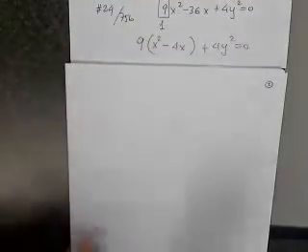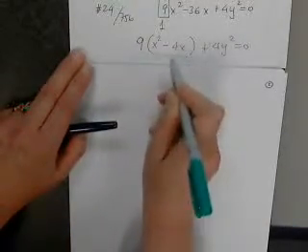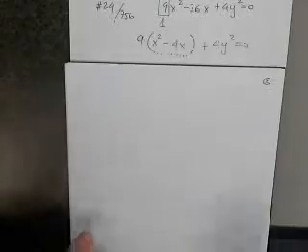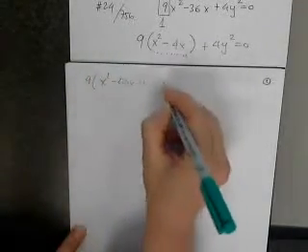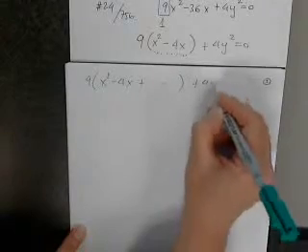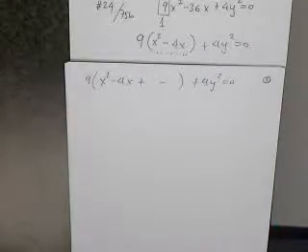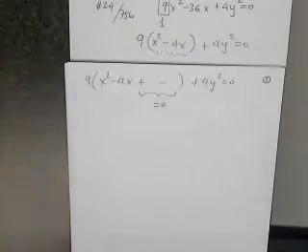Now my next step is to complete the square here inside. What do I need to do to complete the square with something that is x^2 - 4x? I have to add the particular quantity and subtract it, which means I'm adding 0, which I'm allowed to.